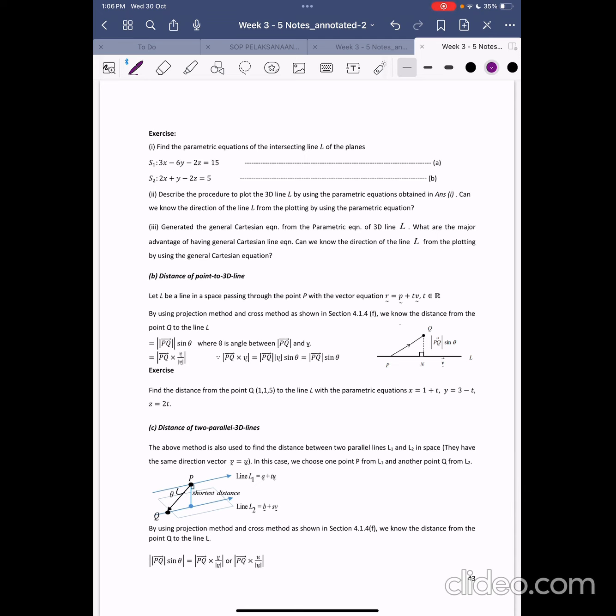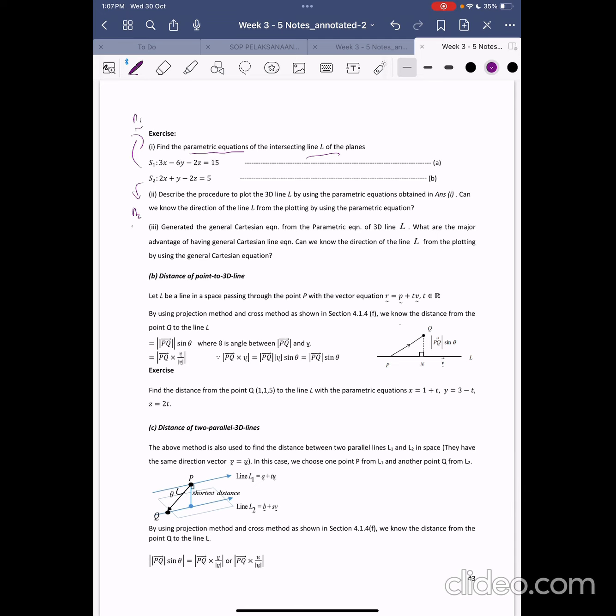Alright, so now the question asks this, find the parametric equation of the intersecting line. Now we find the n for this one first, n1 and n2.